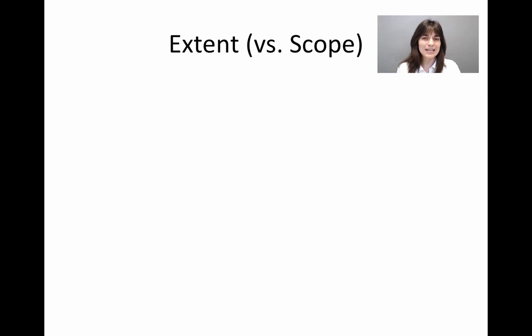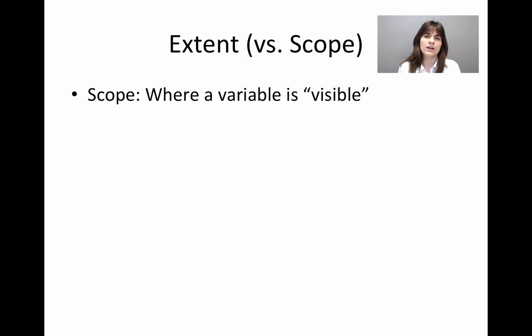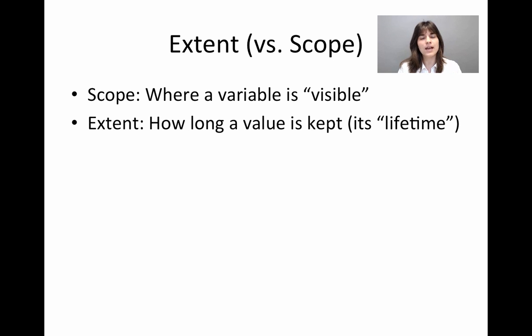A notion similar to the meaning of scope is extent. They are different, however, and we need to make sure we understand the difference. When we're talking about scope, we are looking at where the variable in the code is visible. When we're talking about extent, we're trying to find out how long the value of that variable is kept in the system.